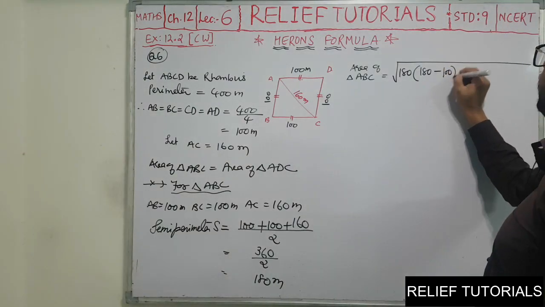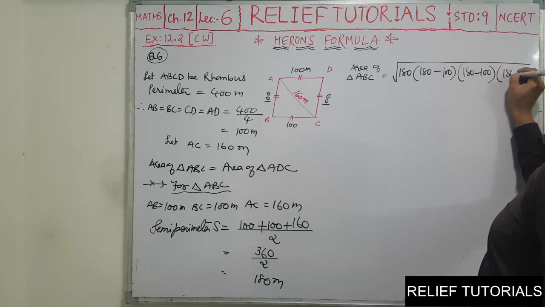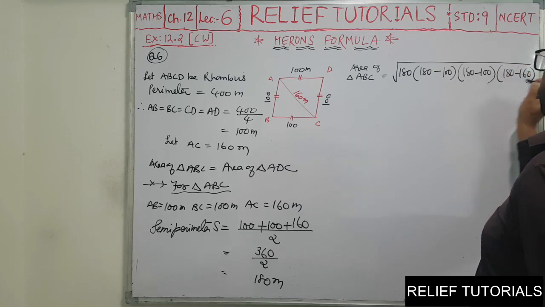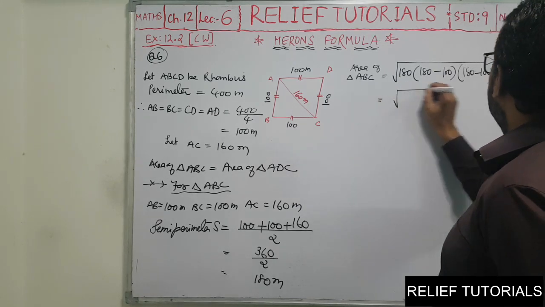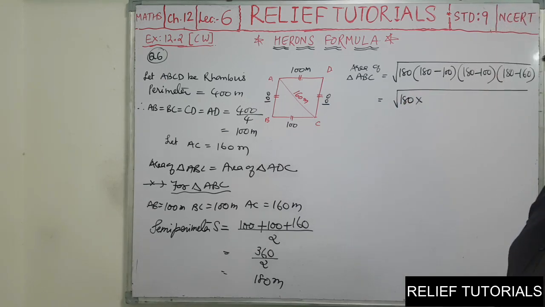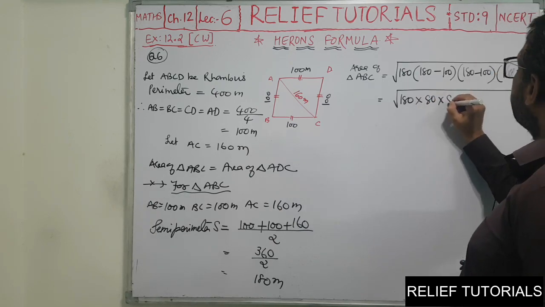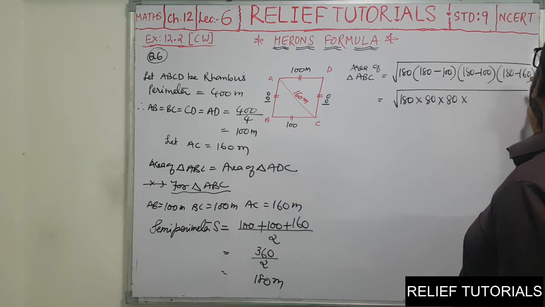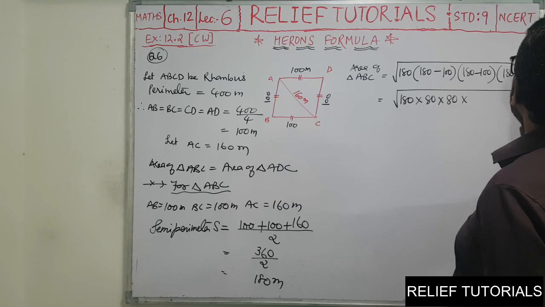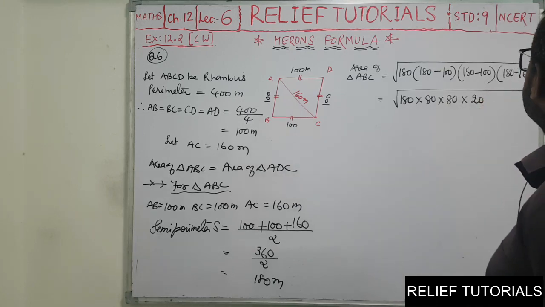So 180 minus 100 is 80, 180 minus 100 is 80, and 180 minus 160 is 20.